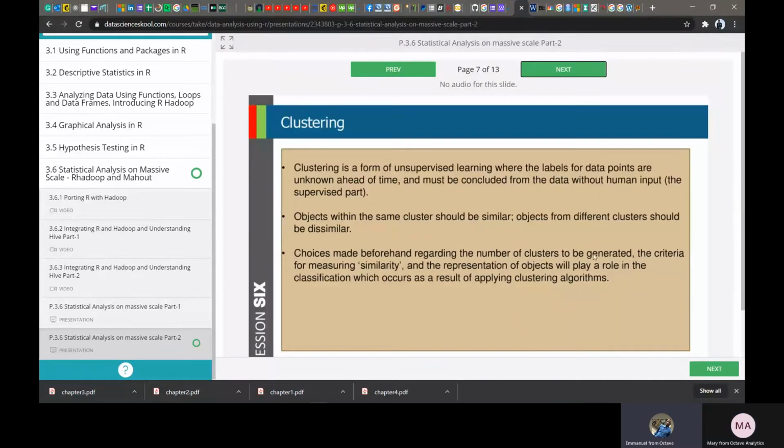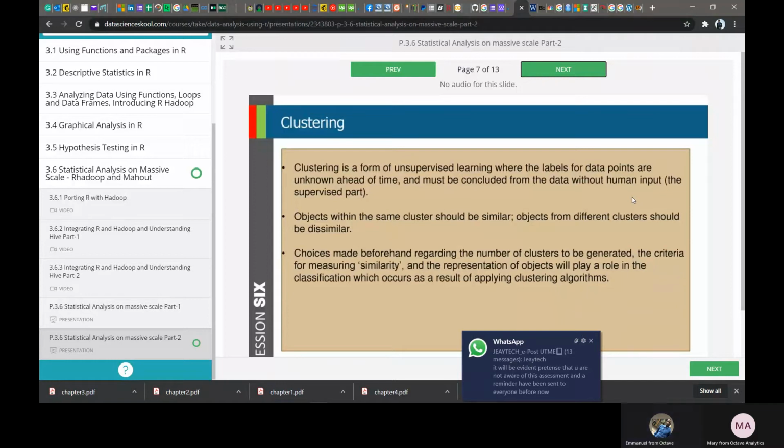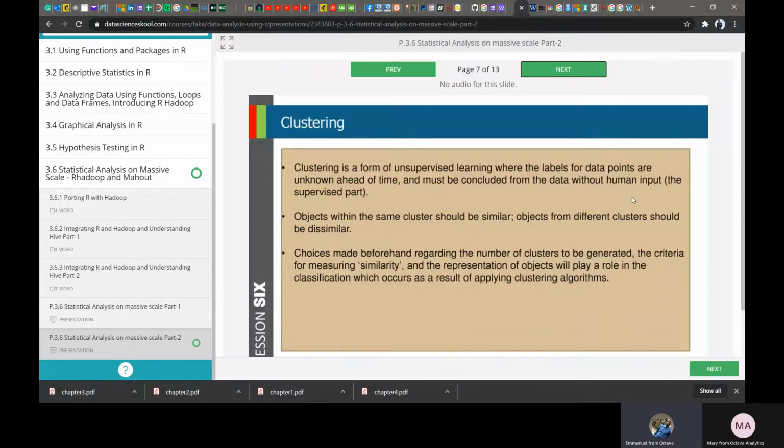So objects within the same cluster should be similar. Objects from different clusters should be dissimilar. So that's clustering for you. Clustering is unsupervised. I give you data sets, then I want this data set to be grouped into 5 clusters. That's the supervised part, but clustering itself is unsupervised learning.